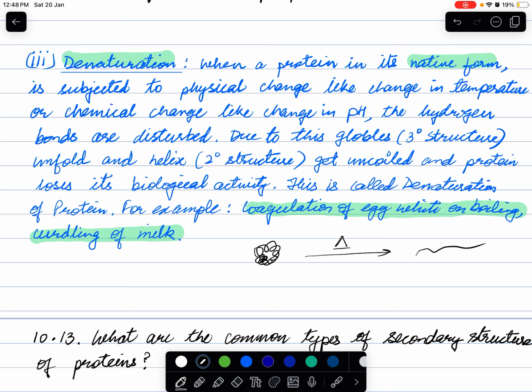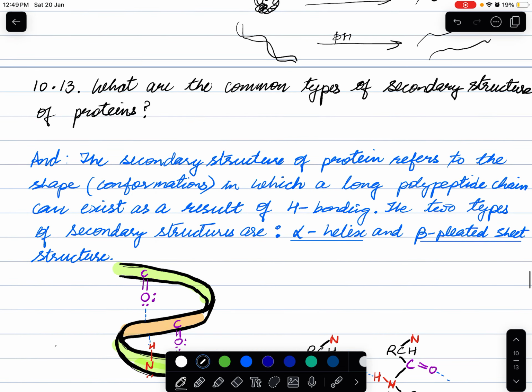In case of the helical structure, we are having one polypeptide chain which is winded with another one. So in case of denaturation, these two chains will get separated. Okay, so this change is because of the change in either temperature, or for example here we are doing change in pH.